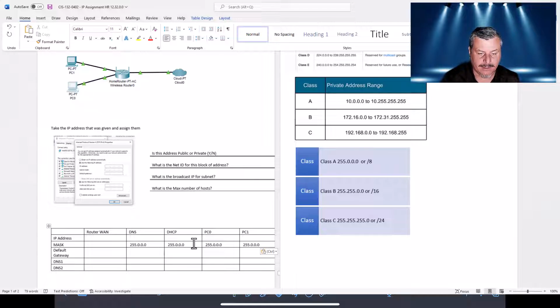So we're going to make the router 12.255.255.254. That is going to be our gateway.